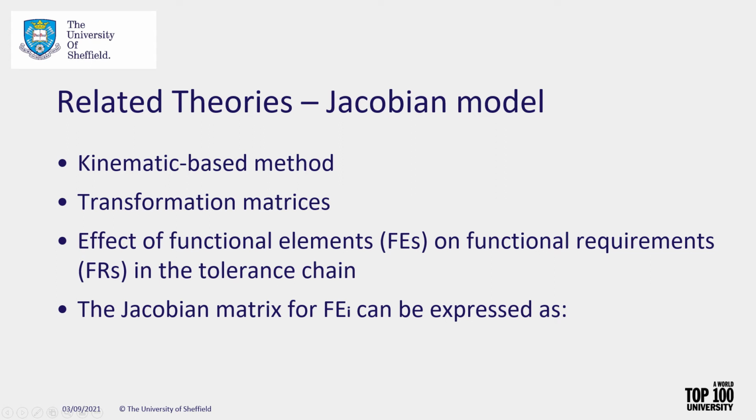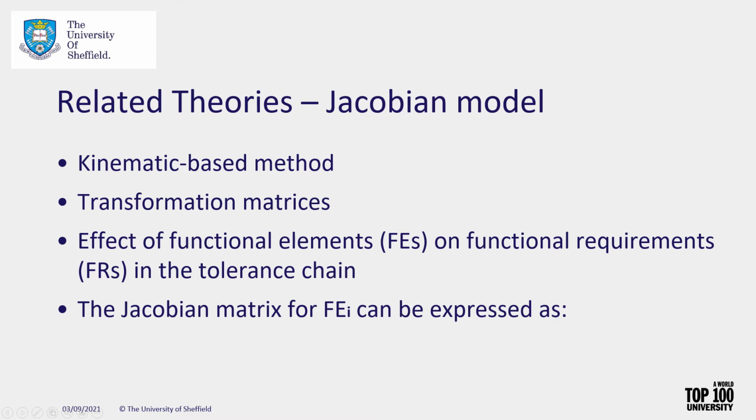As I mentioned before, the Jacobian model is a kinematic-based method which uses transformation matrices. The Jacobian model expresses the effect of functional elements, which is Fe, on functional requirements, which is Fr, in the tolerance chain. An Fe can be a point, a line, or a surface of the part.